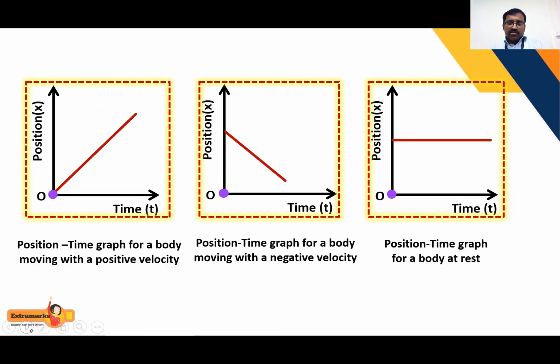Now some of the most important graphs regarding straight line motion. You can see here position time graph, and it is in the form of a straight line. Shape is like y is equal to mx. Straight line equation is y is equal to mx plus c. But here it was passing through the origin, so c is 0.